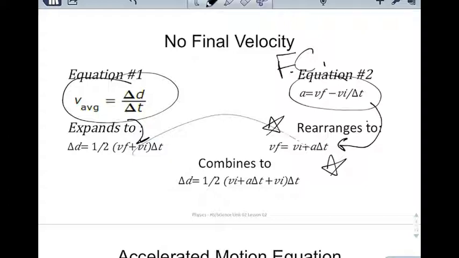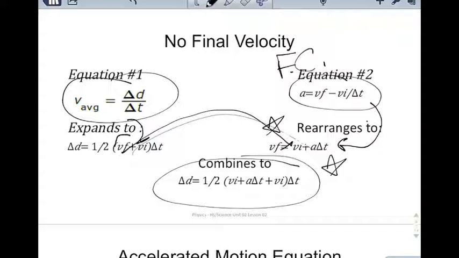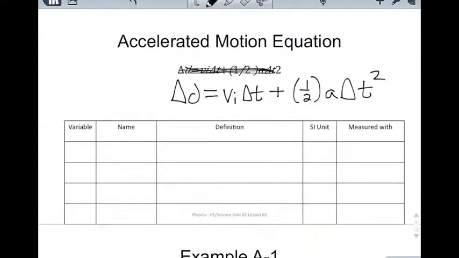Well, if you take this equation right here and you solve this thing for final velocity and you plug it in here, whenever you do that you can actually eliminate the final velocity term. And when you do that, this is what you get, which simplifies to our equation that we have here, delta D equals VI t plus 1/2 a t squared.